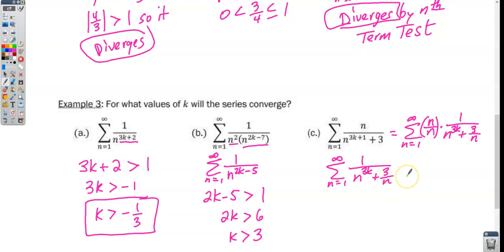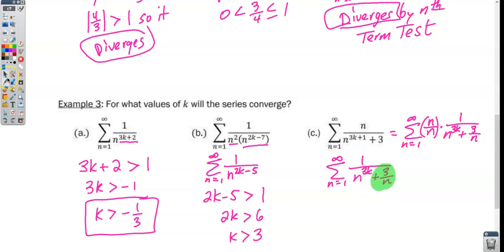3 over n. Now, this is not quite a p-series, but what we will find out here is that this piece right here, as n goes to infinity, this piece right here goes to 0. So as n goes to infinity, this becomes something that is closer and closer to a p-series.